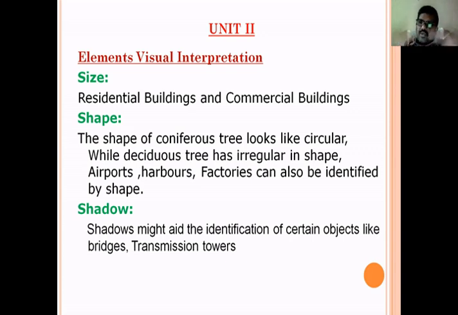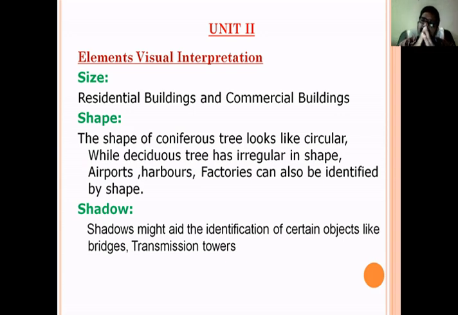By knowing, or else by visualizing those parameters in the images, or else in the data, the interpreter can easily understand what it is.